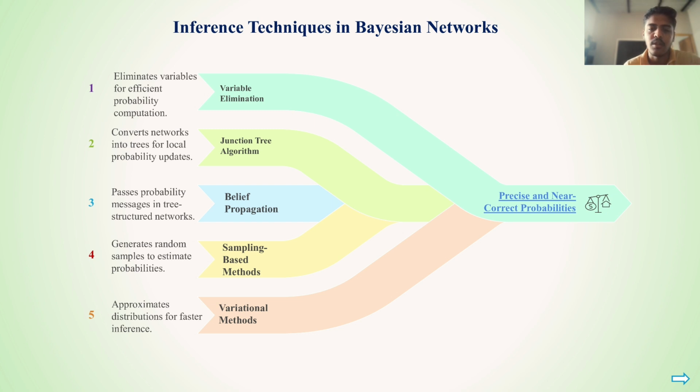Junction tree algorithm converts the network into a tree for local probability updates. Belief propagation passes probability messages in tree structured networks. Sampling methods generate random samples to estimate probabilities. Variational methods approximate distributions for faster inference.